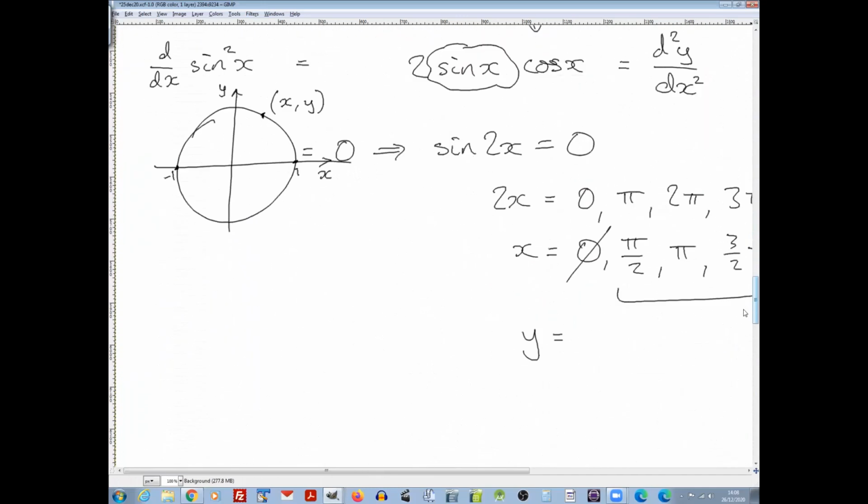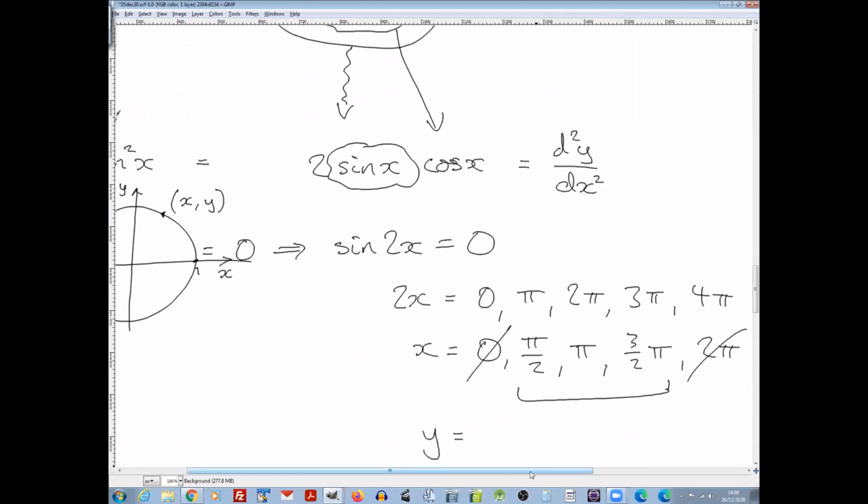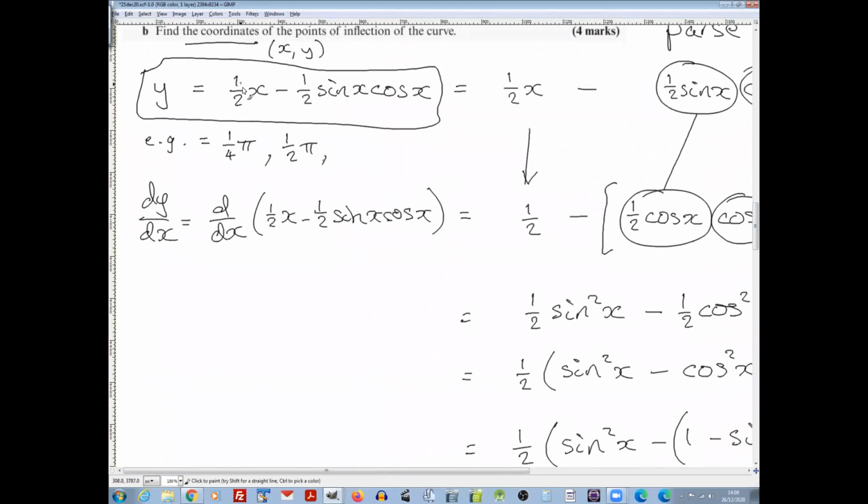And then the one you quite rightly pulled me up on: half of 3 pi is 3 halves pi. If we put that value of x in to here, what do we get? 3 over 4 x pi. Now, where are we on the clock for 3 pi over 2?